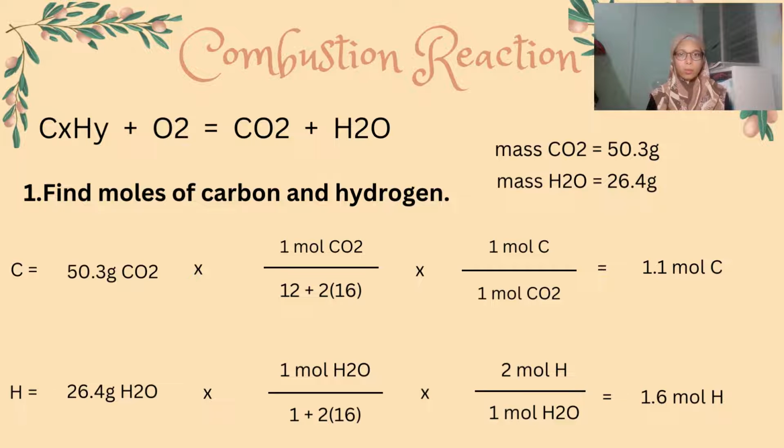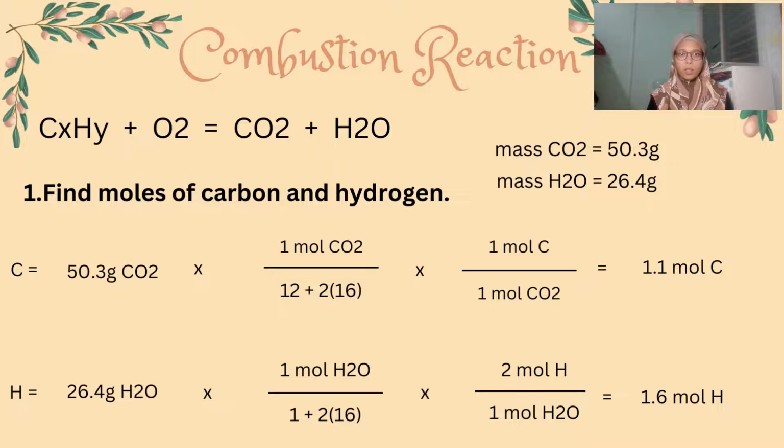First of all, how to determine the empirical formula for combustion reaction? First of all, we need to find moles of carbon and hydrogen. For carbon, 15.3 grams, which is the mass of carbon dioxide, will be multiplied by 1 mole carbon dioxide divided by the molar mass of carbon dioxide, and then multiplied by 1 mole carbon divided by 1 mole carbon dioxide.